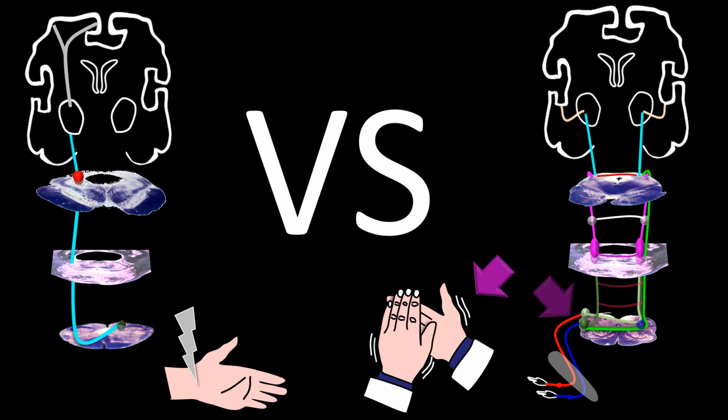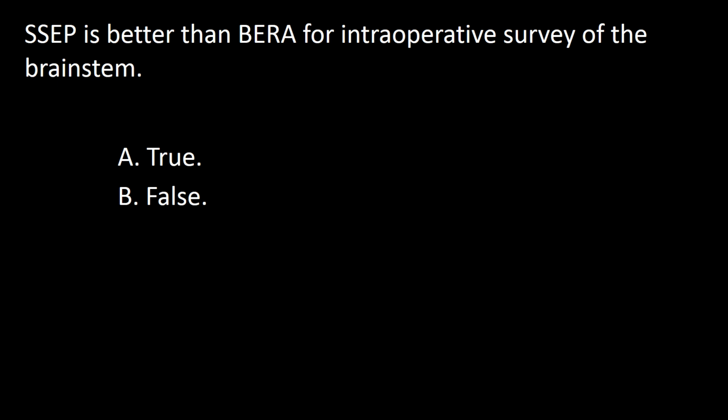They include the ventral and dorsal cochlear nucleus, the nucleus of the trapezoid body and probably its fibers, both lateral lemnisci, both superior olivary nuclei, both nuclei of the lateral lemniscus, the inferior colliculi, and the brachium of the inferior colliculi. So the answer to this question is false.